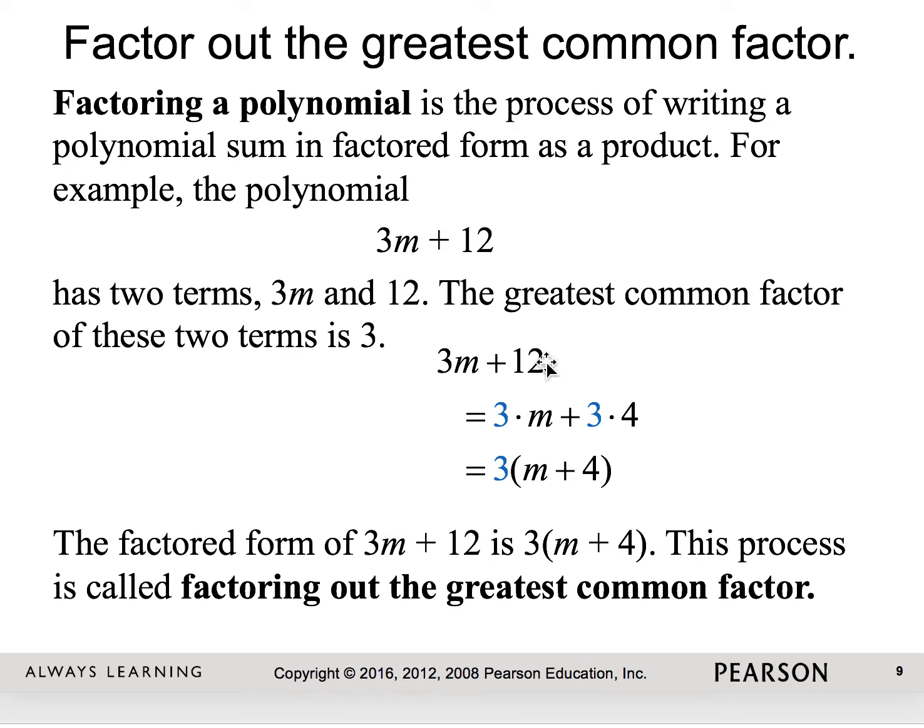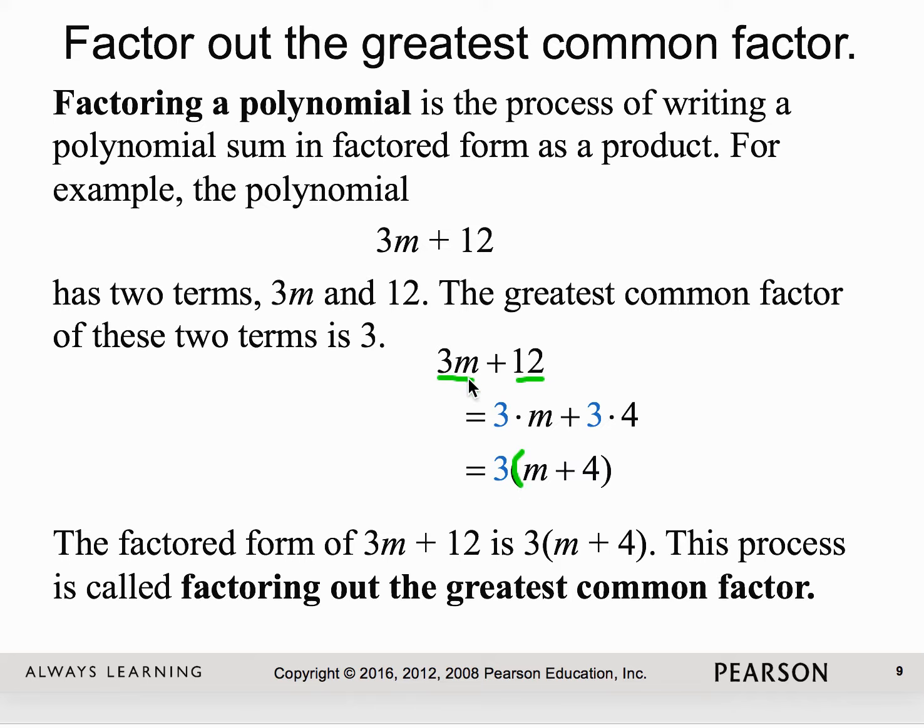So what we do to do that is we look at the two terms individually and find their factors. They both have a factor of 3, so I can pull it out. Then you always put a parenthesis. As soon as you write the greatest common factor, your next step is you put a parenthesis, and then you put what's left of the factor.